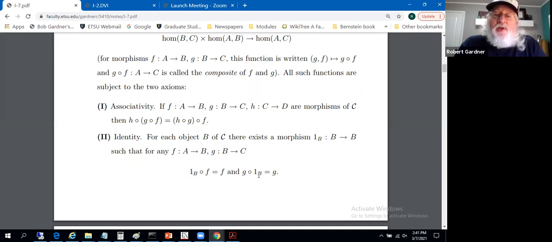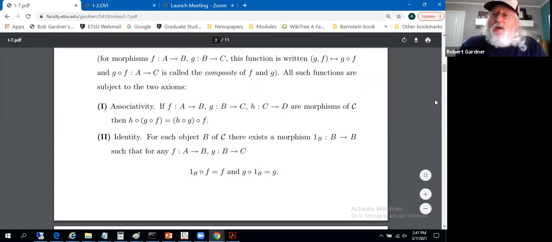And similarly over here, the 1_B comes first, so it takes in B, gives out B, and then g takes B and gives out object C. So the domain, codomain stuff lines up, and that's what a category is quite formally.